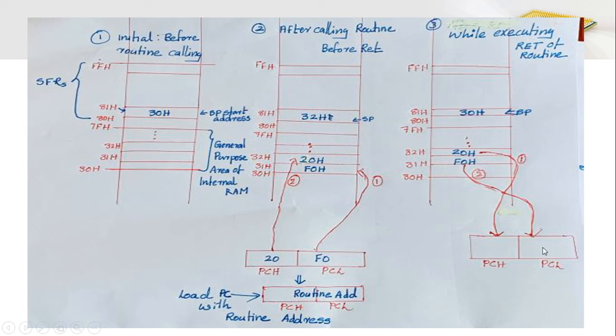Now the return address is loaded in the PC, and we can go back to the main program at the location now available in PC. From that point, the main program can resume its execution. So this is the actual working of a call instruction with the help of the stack and stack pointer.